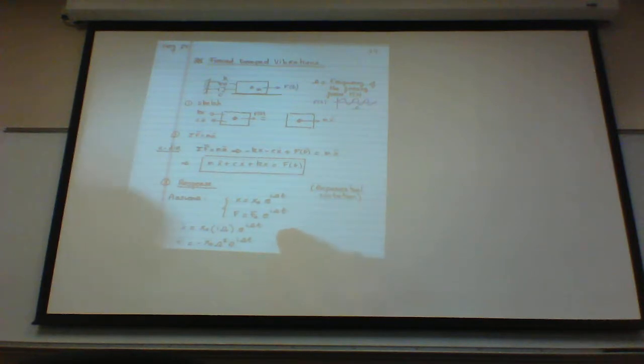All right, so we substitute this into the equation. What do we get? Substituting into m x double dot plus c x dot plus k x equal to f of t.